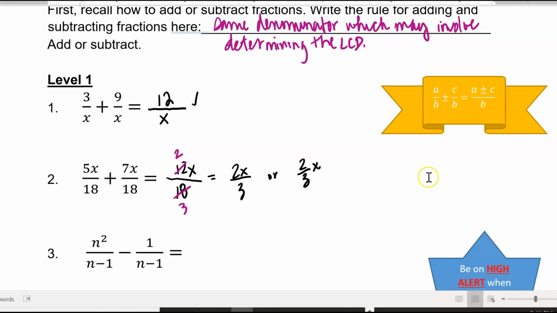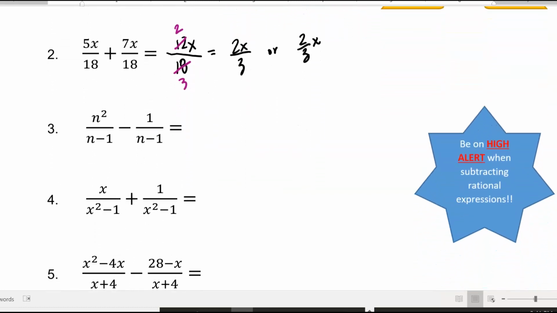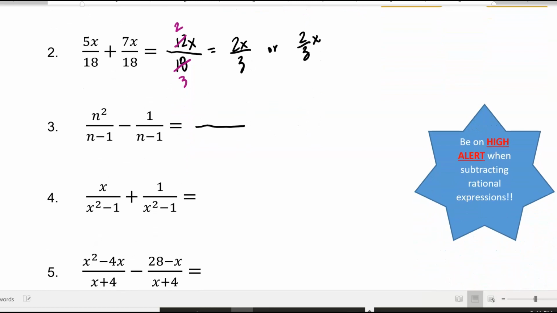All right, number 3, definitely the same denominator. So we're going to write that down, n minus 1. Now with the n squared minus 1, they are not like terms, so you can't combine them. But we can put n squared minus 1 in the numerator. Can we simplify n squared minus 1 over n minus 1?